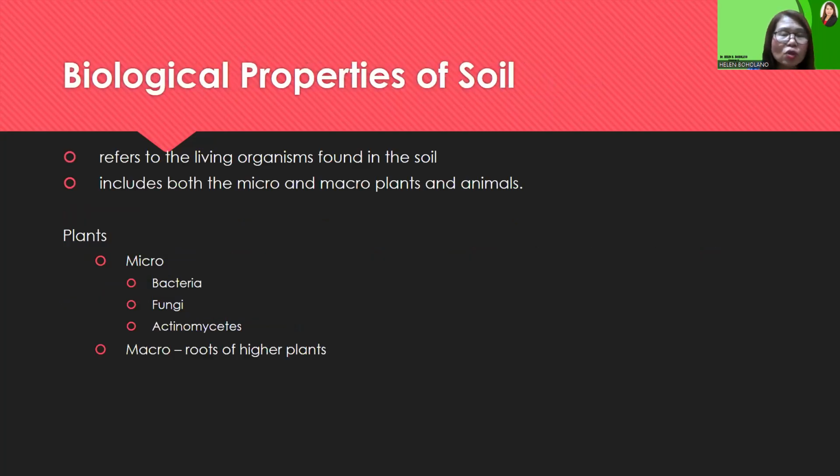Now, there are also biological properties of soil. This refers to the living organisms, and it includes both the micro and macro plants and animals. For plants, we can have bacteria, fungi, and actinomycetes as micro, and the macro might be the roots of higher plants.